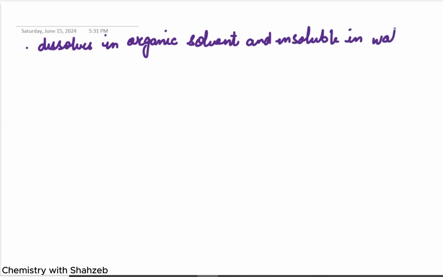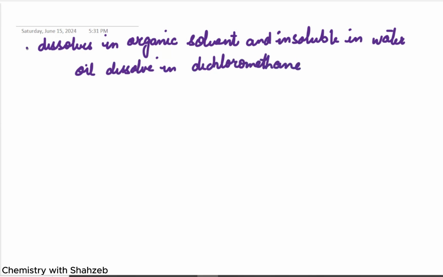We know that ionic compounds are basically soluble in water because of the force of attraction developed between cations and anions. Covalent compounds are insoluble in water. For example, oil, which is an organic solvent, is basically dissolved in dichloromethane. So this is basically the second property.